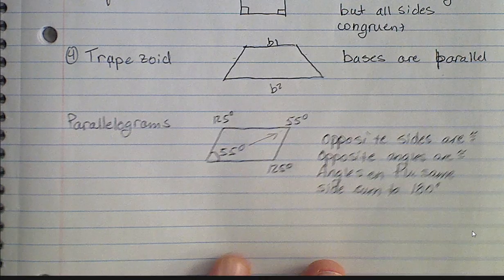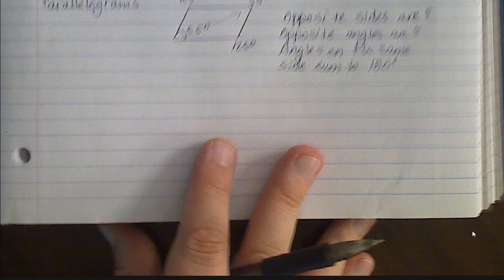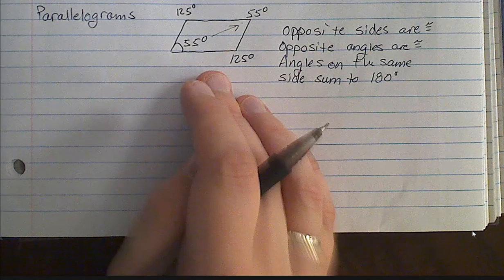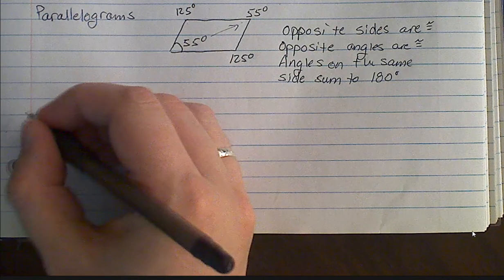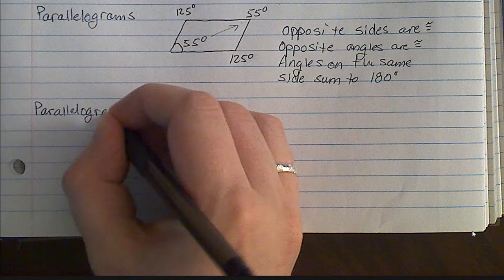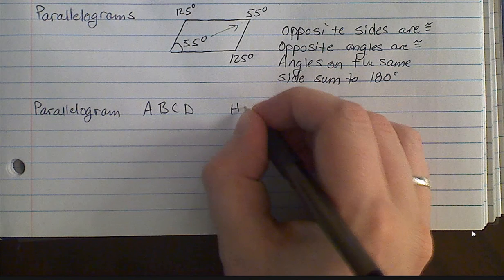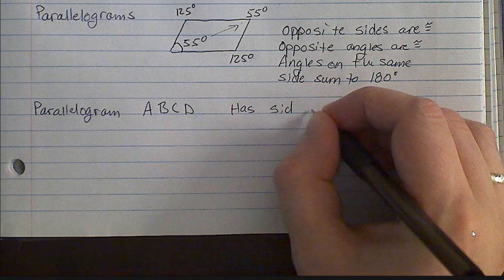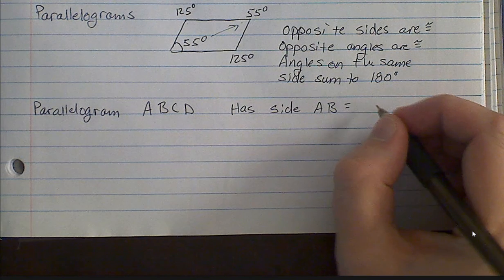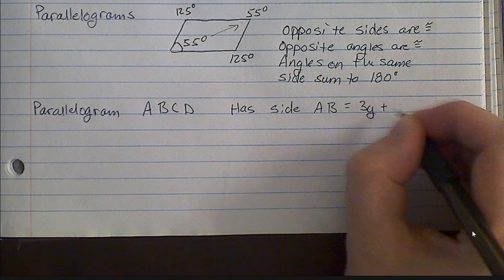Next, let's throw some algebra into it. If I were to tell you that there is a parallelogram ABCD that has side AB equal to 3y plus 5.